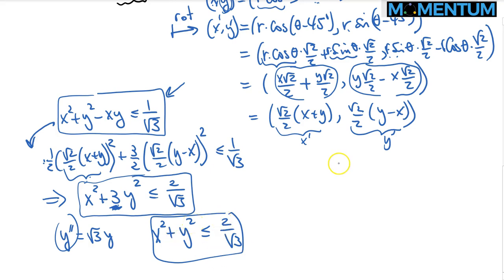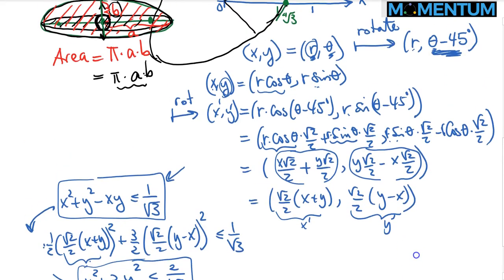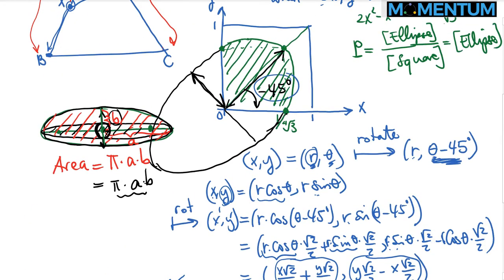Okay, so what's going on now? So in this new plane, the only problem remaining is we changed the coordinates. Rotating the coordinates also rotated this square as well. There's no problem with rotating a square.